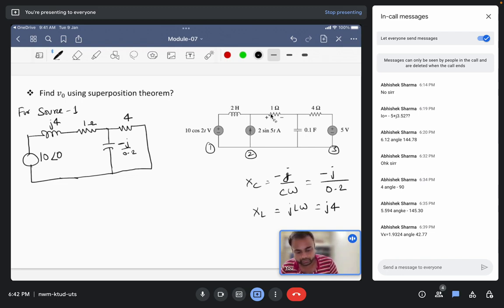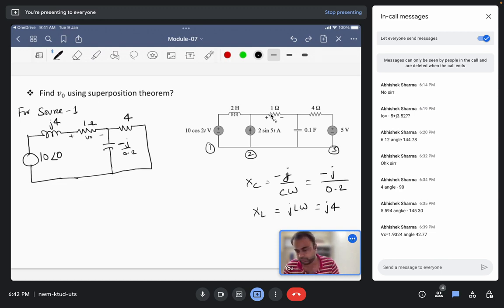So let us quickly calculate V naught. This term V naught you have to calculate. Again these two terms are in parallel. Taking the equivalent impedance, 4 inverse plus minus j by 0.2 inverse, and then the inverse of the answer.